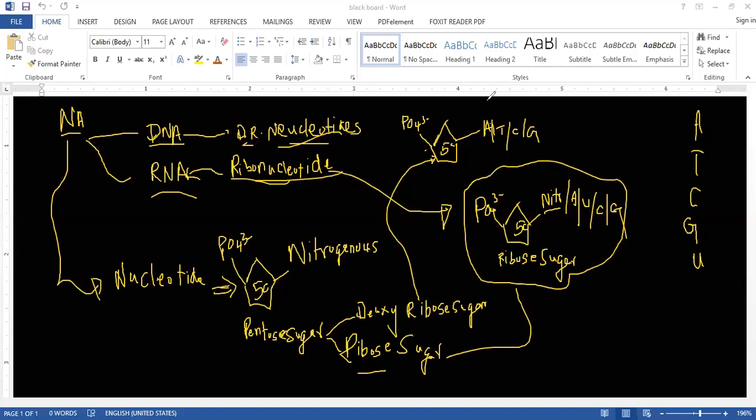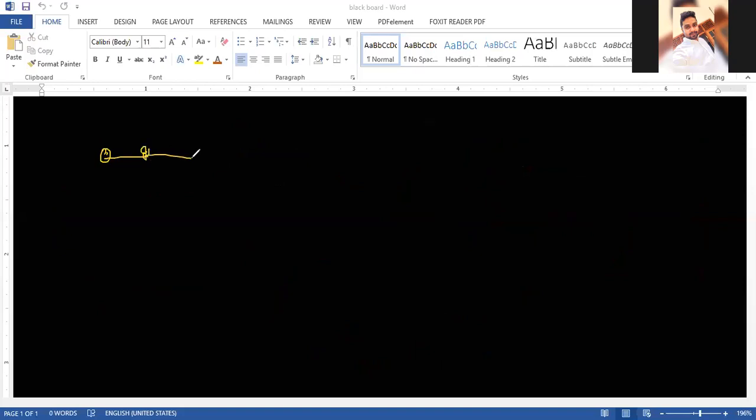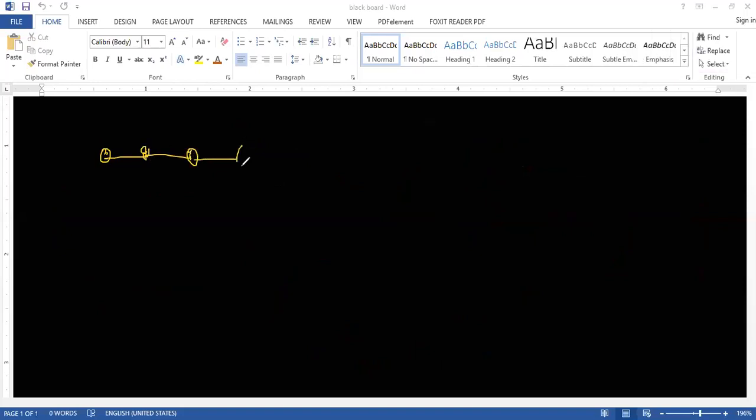So simply I can say, when there is a connection, if it's a DNA, every spear shape here is a deoxyribonucleotide.